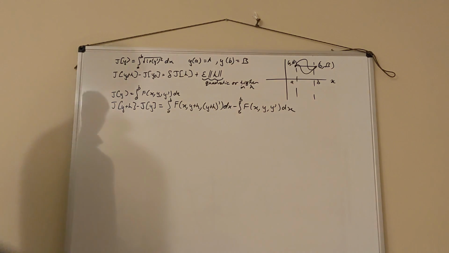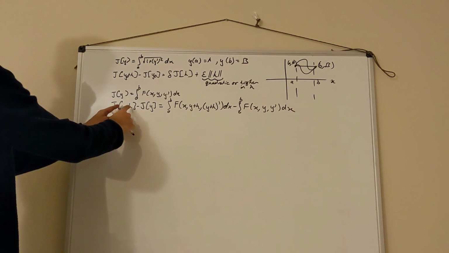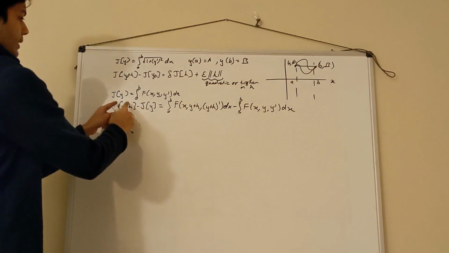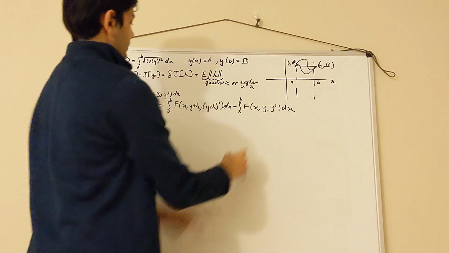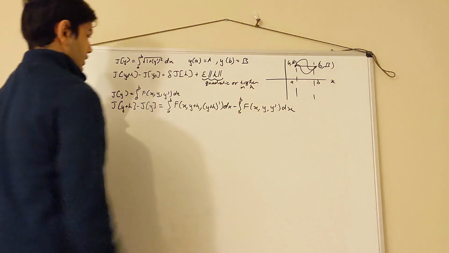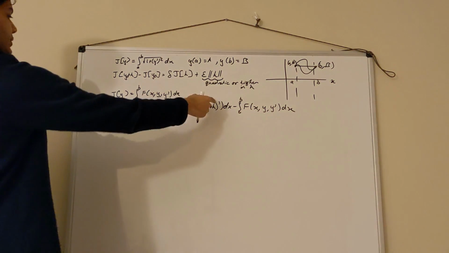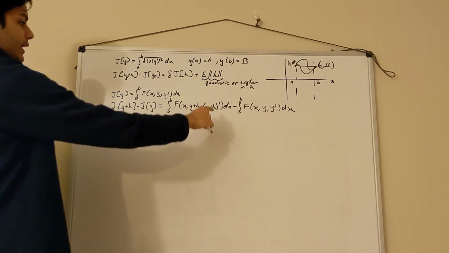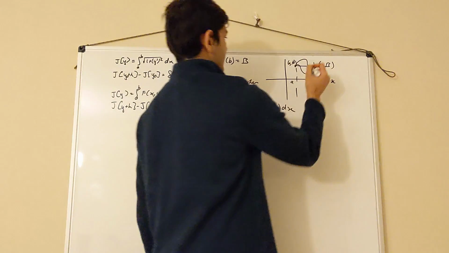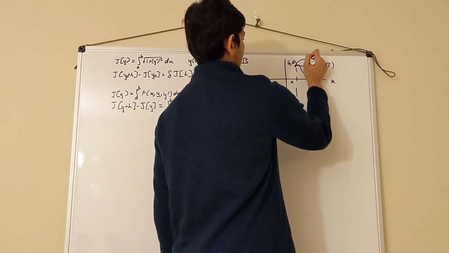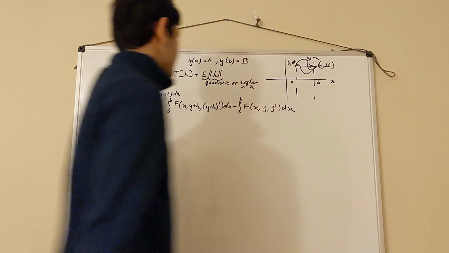What we did here is replace everywhere you see y with y plus h. So here you have y and y prime, and here we have y plus h and y plus h prime, which is the derivative of this whole thing. And remember that h is a function of x. For example, this is your y0, and this is your y0 plus h.